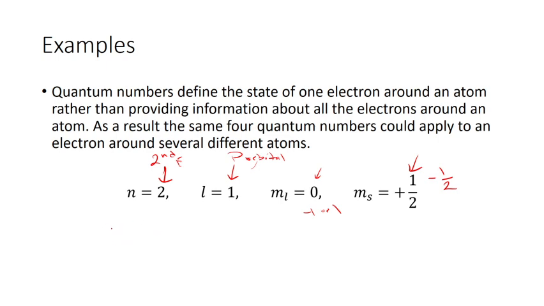So the question that this set would answer could be something like, what are the 4 quantum numbers associated with one of the valence electrons in carbon? What would the 4 quantum numbers be that would represent one of the valence electrons in fluorine?